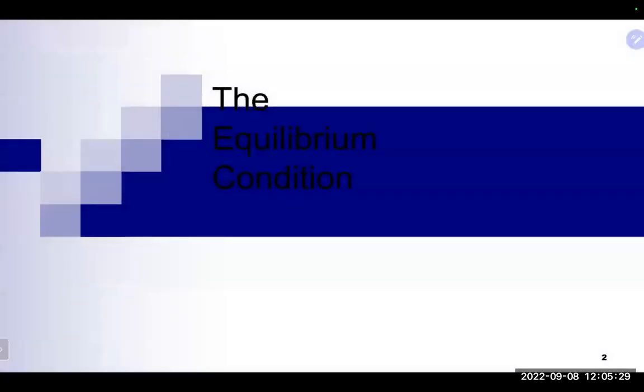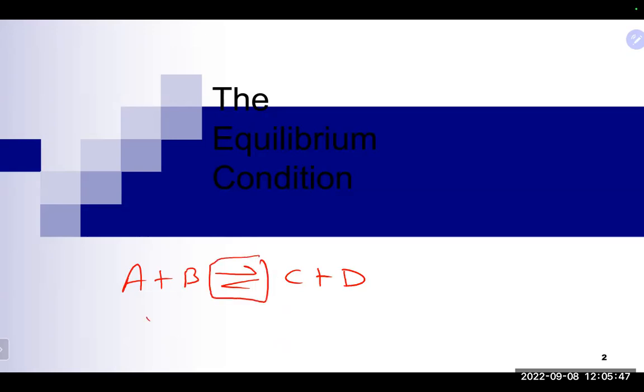Chemical equilibrium involves a certain type of reaction, like we just saw a second ago. It involves reactions where you have, say, A plus B goes to C plus D. And these are reversible reactions, because they have arrows heading in both directions. Because of that, this reaction will actually happen in both ways.